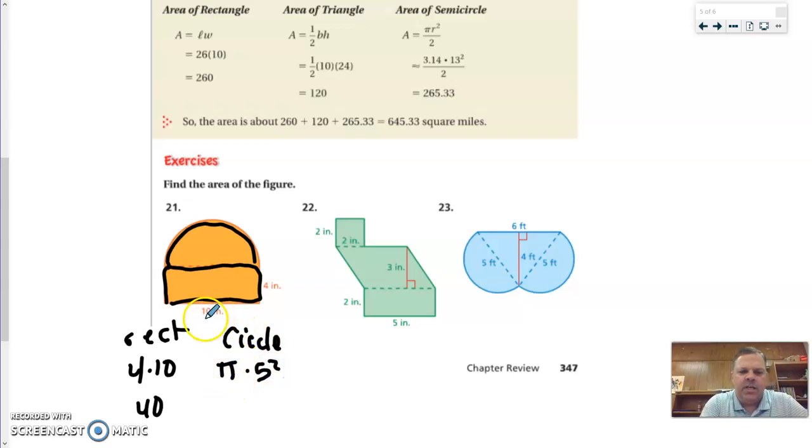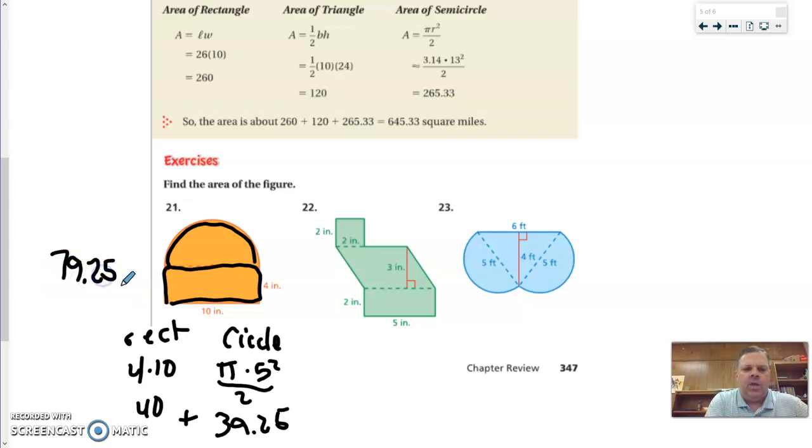Because this is the diameter, I'm going to divide by 2. When I do this, I will take my 5 times 3.14 divided by 2, and I will get 39.25. Again, adding those together, we will get our area of 79.25. The label, since we're finding area, is square inches.